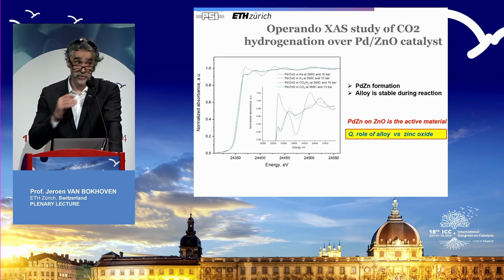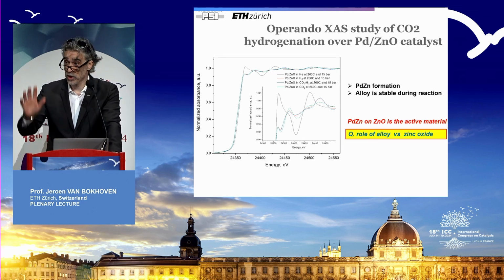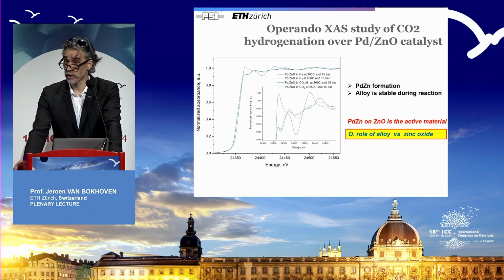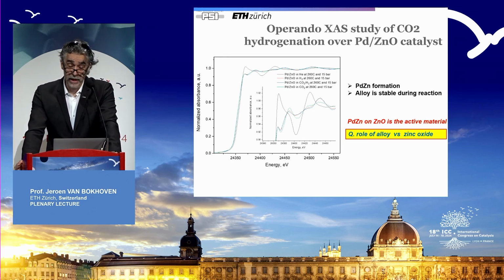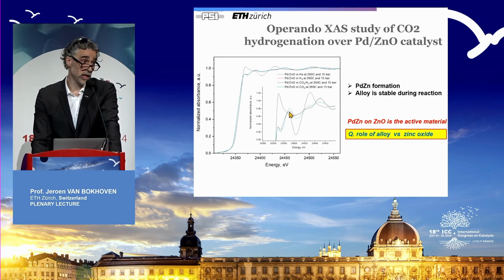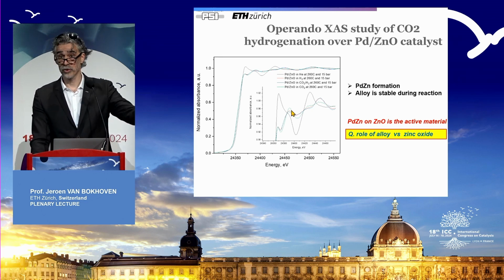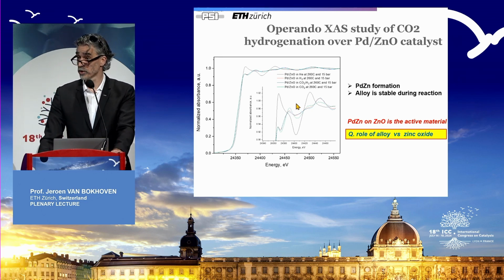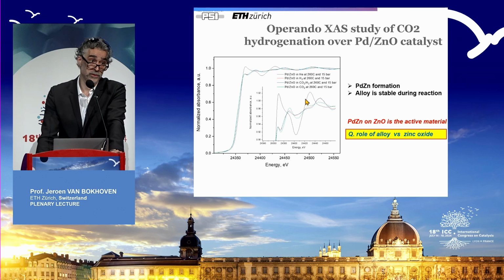Then we did, of course, the X-ray absorption under very similar conditions, high pressure, first reduction of the system, and we measured the structure of the palladium zinc after reduction. That's the blue line that we have here. After switching on the carbon dioxide, so we went from reducing conditions to catalytic conditions, the spectra didn't change.